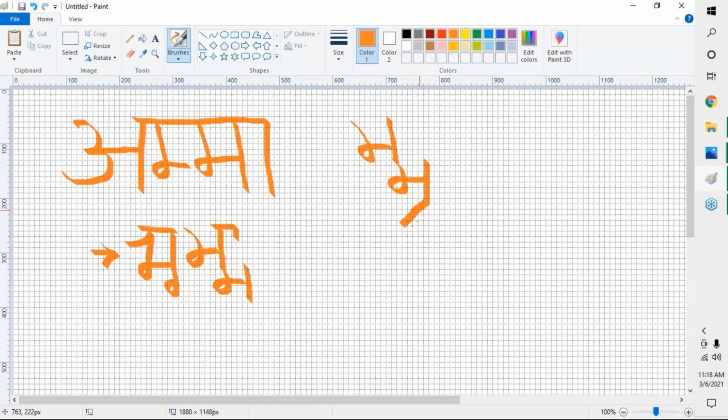U is always written below, right? We know that U is always below. So that matra will come on the bottom alphabet, not here. It will not come here. But if it is A matra or E matra, that will come on top.